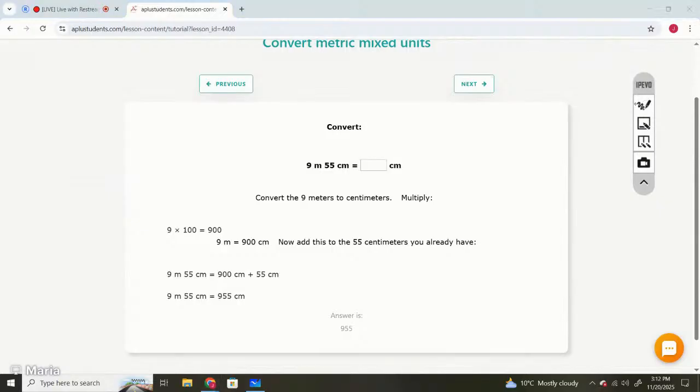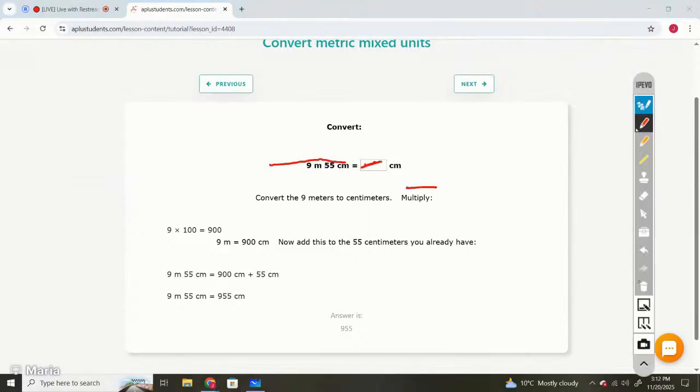So we need to convert the meters to centimeters because we need to write the answer in centimeters. In 1 meter we have 100 centimeters. So you have to do 9 times 100 because we need to convert that 9 meters to centimeters. Got it?